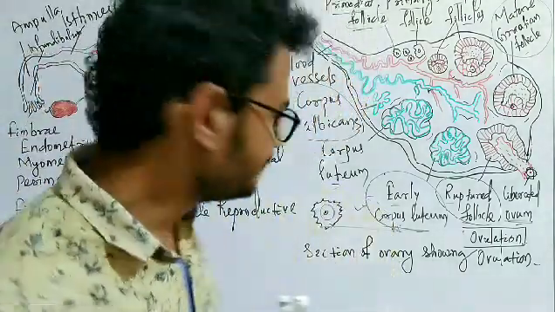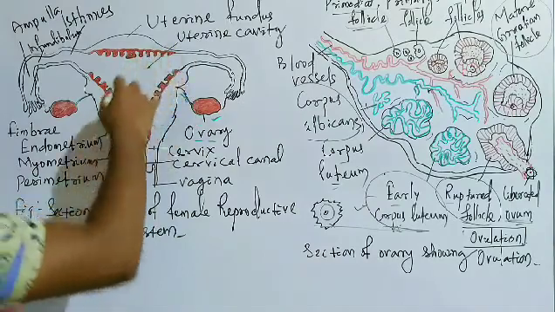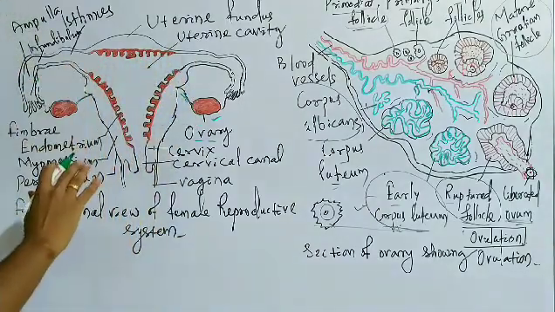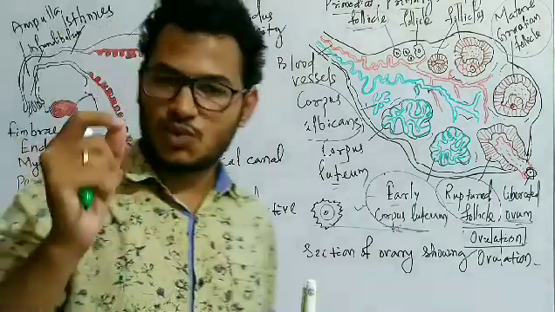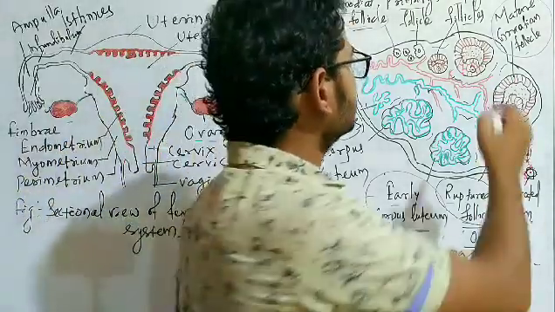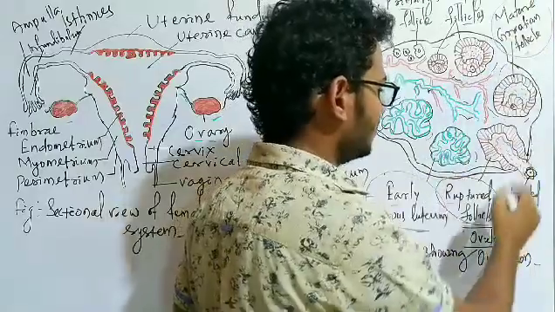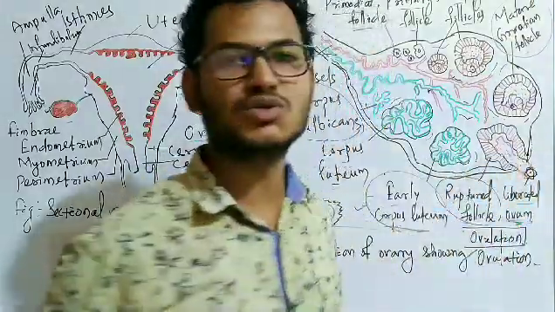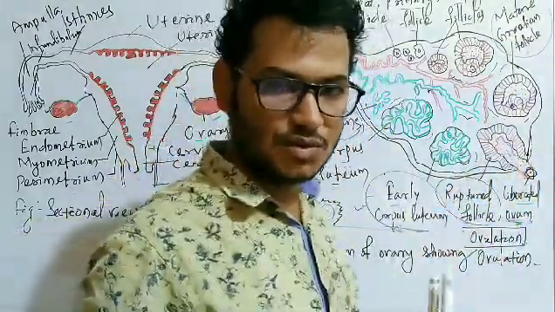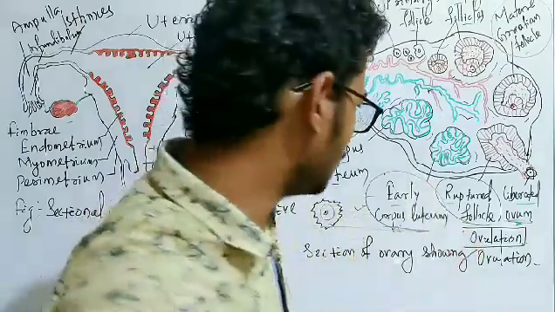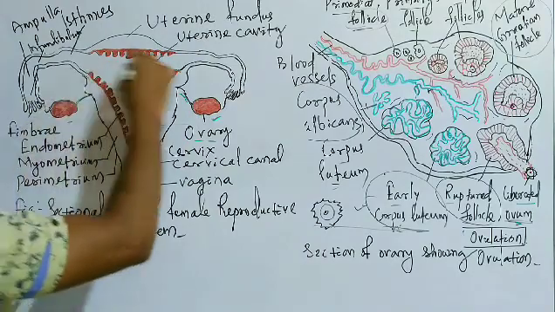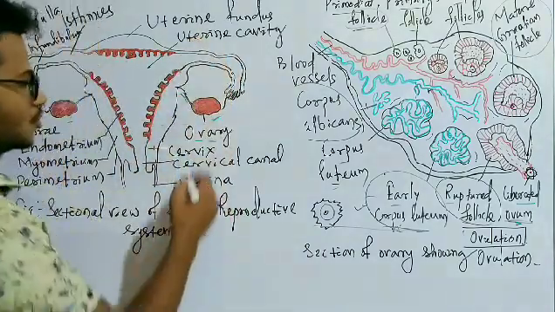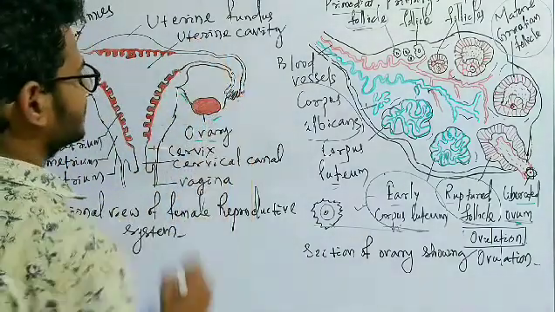fallopian tube. The fallopian tube is the most important part after the ovary, because when the mature Graafian follicle liberates the secondary oocyte or the ovum, that ovum is carried with the help of this oviduct through the finger-like projections.